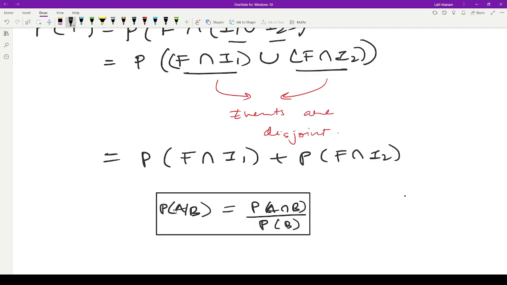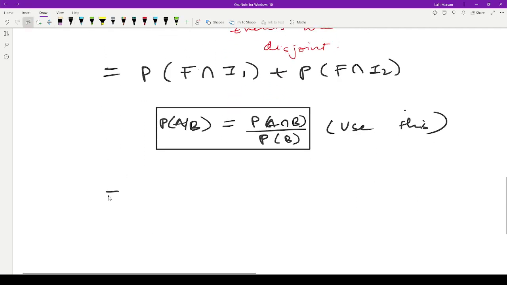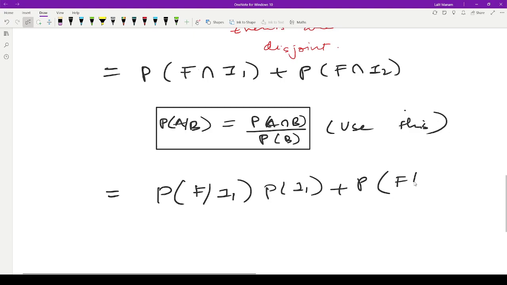So we'll use this to get... So it will be probability of foreground given I1 into probability of I1 plus probability of foreground given I2 into probability of I2.